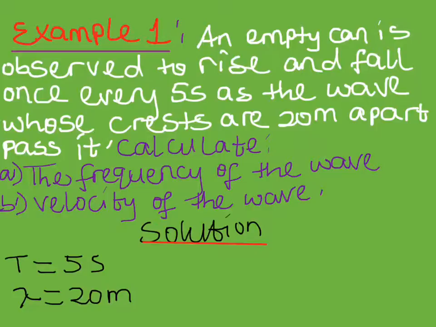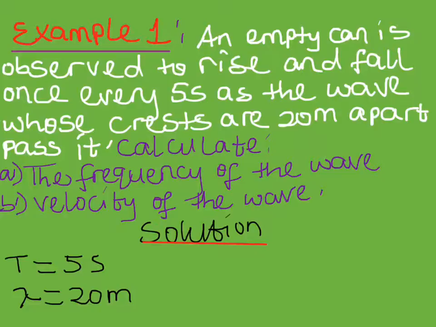Remember, period is the time taken to make one complete oscillation. If it rises up and down every 5 seconds, it means it takes 5 seconds to make one up and down movement.